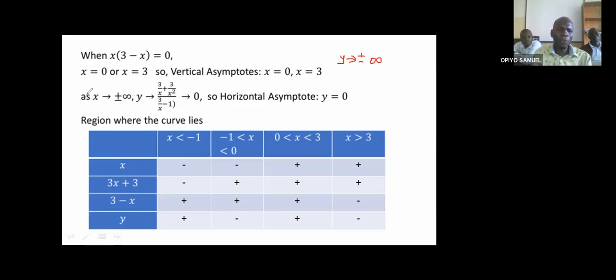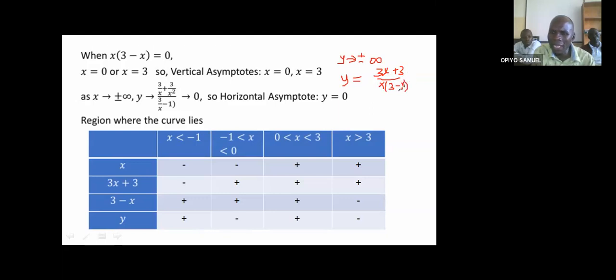Meanwhile, for the horizontal asymptote, you investigate the function as x tends to plus or minus infinity. Now, before you can punch in the value, you need to divide. Remember, our curve was y equals 3x plus 3 divided by x into 3 minus x.